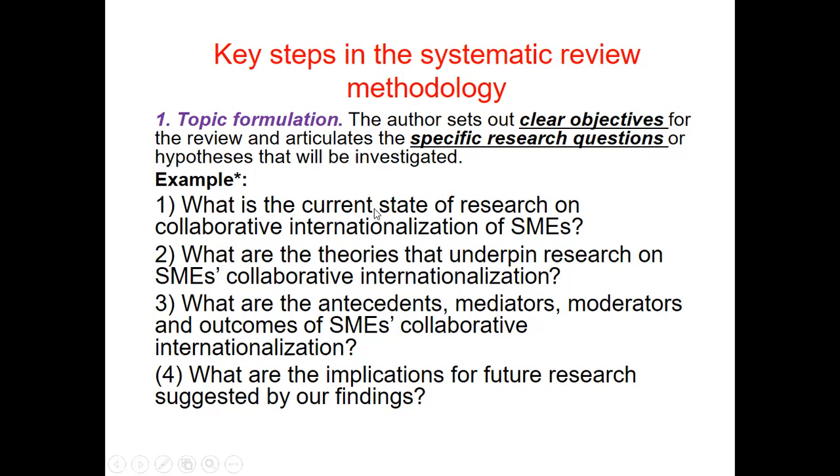That's an example of a research question. The second one could be, what are the theories that underpin research on SME collaborative internationalization? What are the antecedents, mediators, moderators, and outcomes of SMEs' collaborative internationalization? What are the implications for future research? See, these are research questions for your systematic literature review. These are things that you would normally report in your article, and these are things that will guide you in your process, okay?